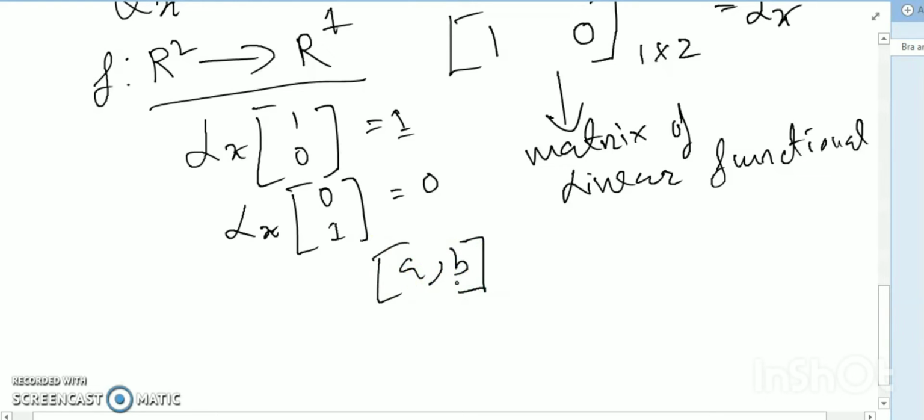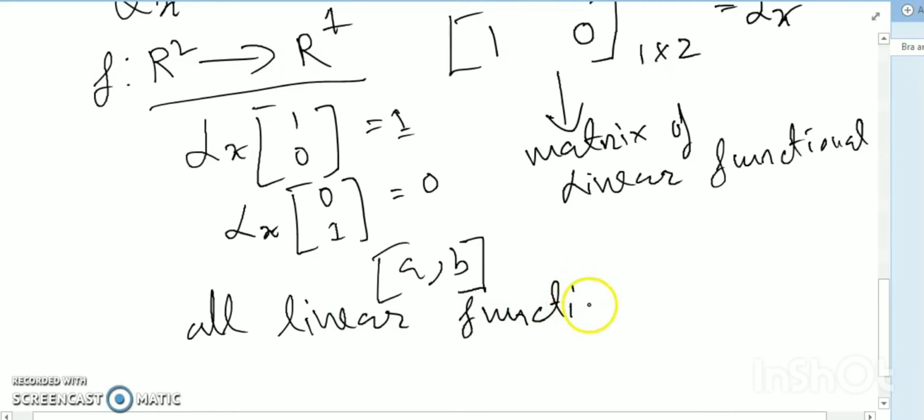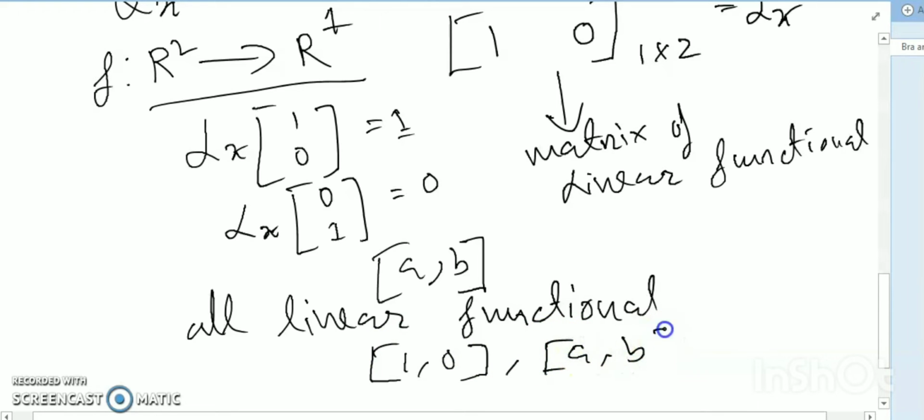And so the set of all linear functionals in R squared consists of the set of all row matrices, such as (1, 0), (a, b), and (3, -2).